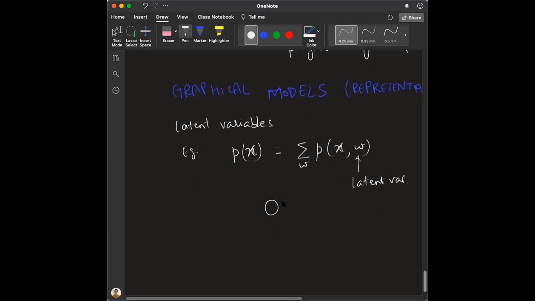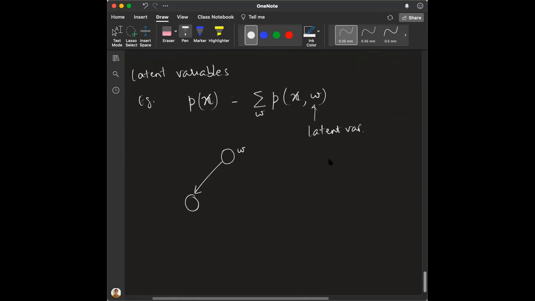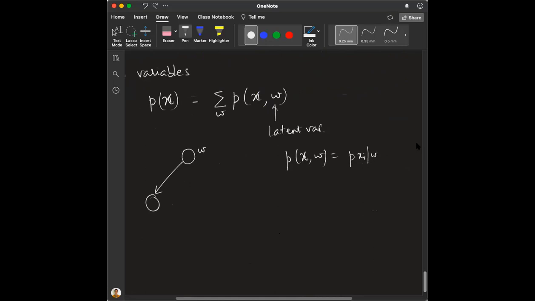This is w, and then basically you are representing this as, okay, p of x comma w is the product over i equal to 1 to capital N of p of xi given w, into p of w, right?